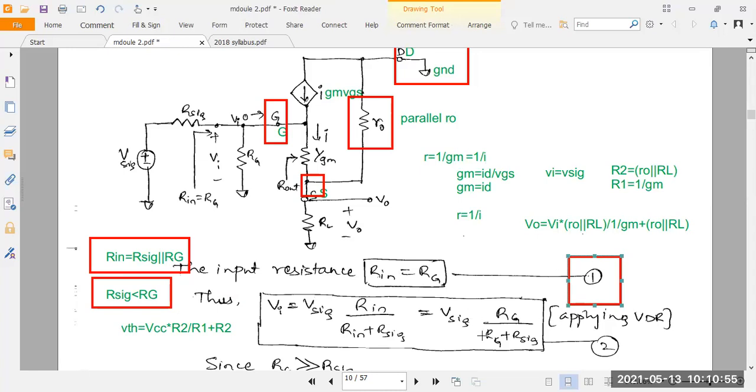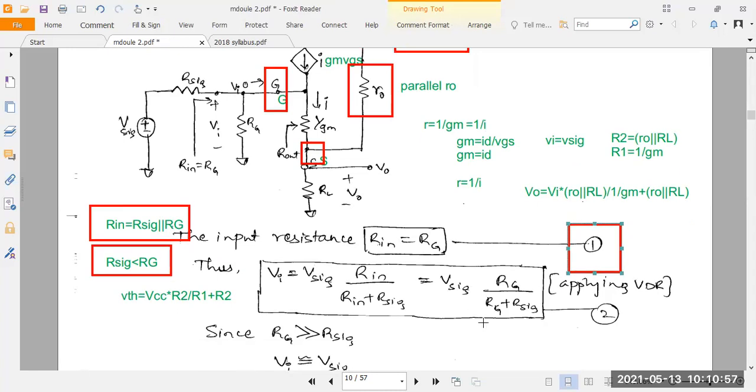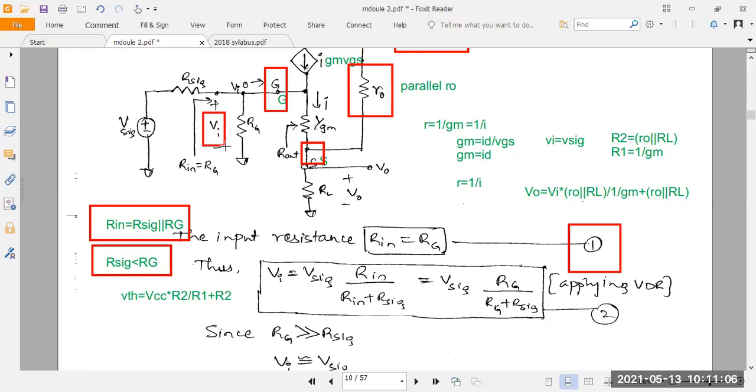Next, apply the voltage divider rule across the drain and source. That is VI. VI is nothing but VTH. VTH is equal to VCC into R2 divided by R1 plus R2.